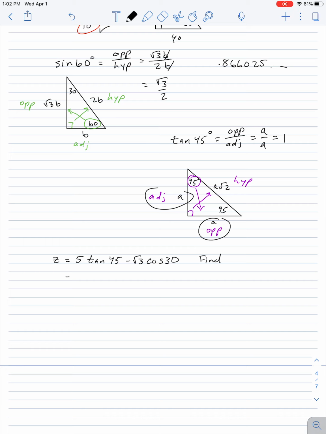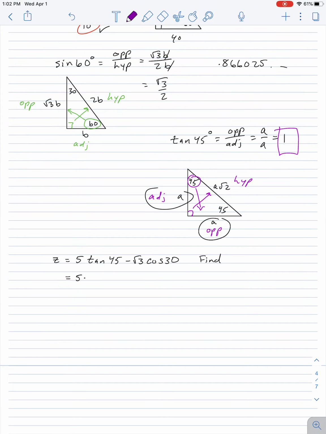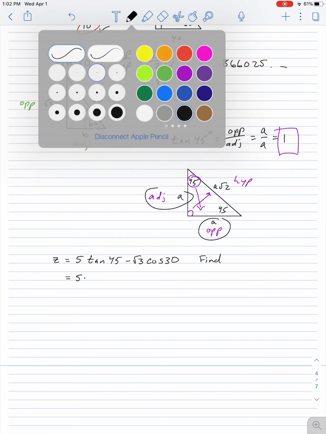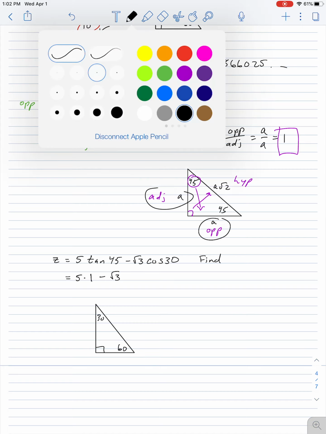So what they want you to do is, the 5 is just 5, numbers are normal. The tangent of 45, well, we just found that up here. So the tangent of 45 is 1. And then I'm going to subtract root 3 times the cosine of 30. Well, we haven't done that one yet, so let's do that. We're going to draw this triangle. Here's my 30, 60, and I want cosine of 30.